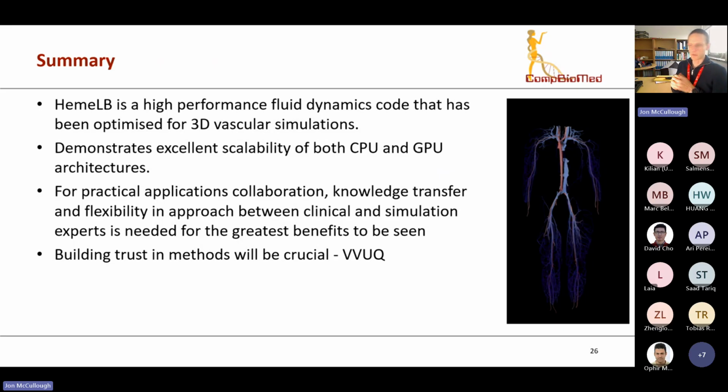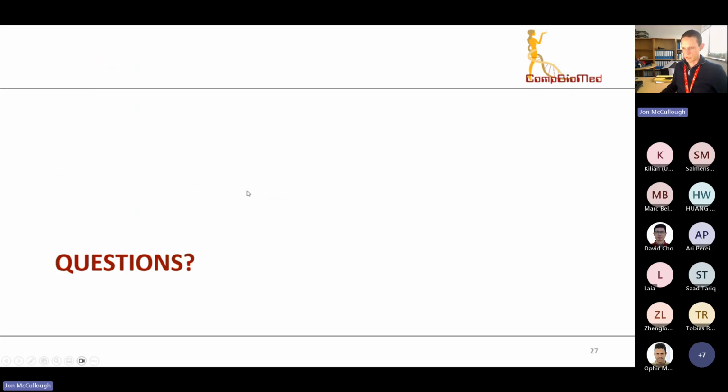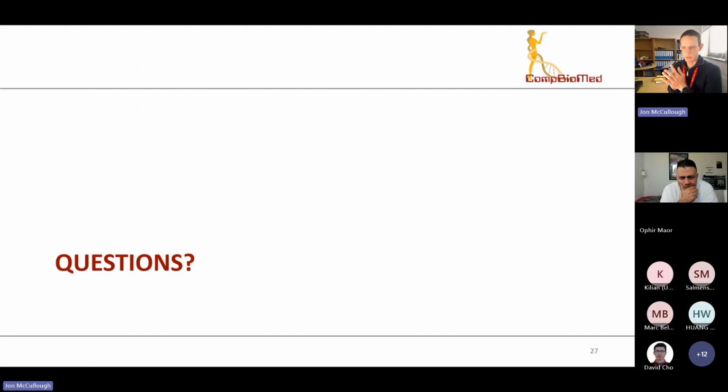And overall, building trust in these methods will be crucial, and this comes down to validation, verification, and uncertainty quantification tools to make sure we have a reliable and robust system to be used in the practical cases. So that's all the slides I had to speak through today. If there are any questions from the floor, I'm happy to take those. Otherwise, best of luck with the competition and hope things go well.